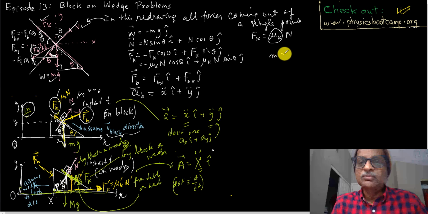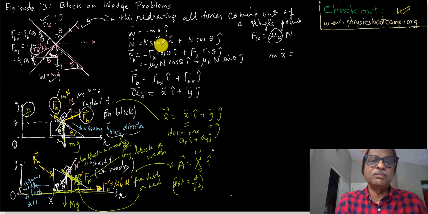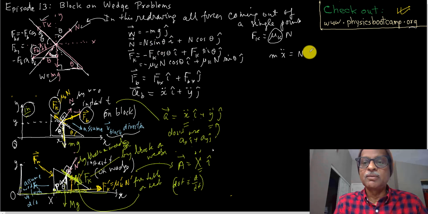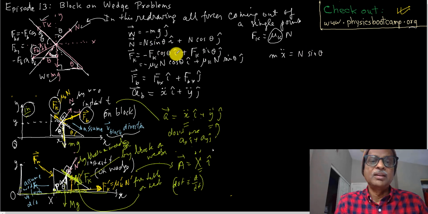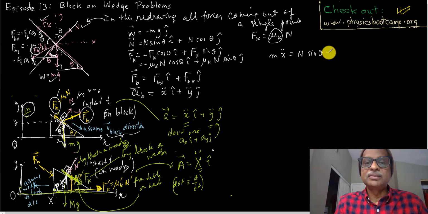So m x double dot, just collect all of them starting from here: N sine theta minus mu k N cosine theta plus FBx. So that's one equation.